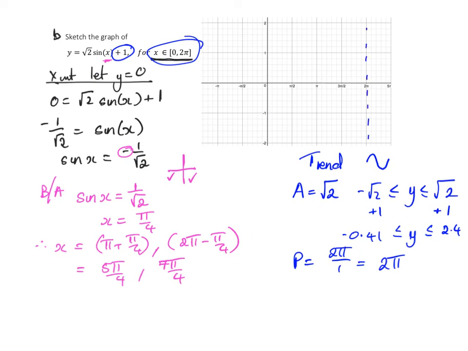So that's from there to there, and I might just change my axes here, because I'll take that as a minus 2 and minus 4, and make that 2 and 4, because I do need to go to 2.4. So where is negative 0.41? It is around about there. And where is 2.4? It is around about there.